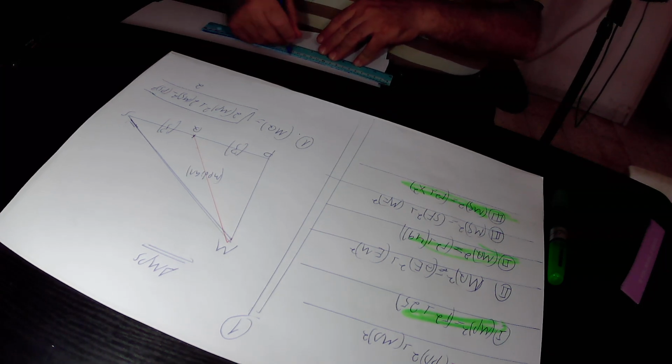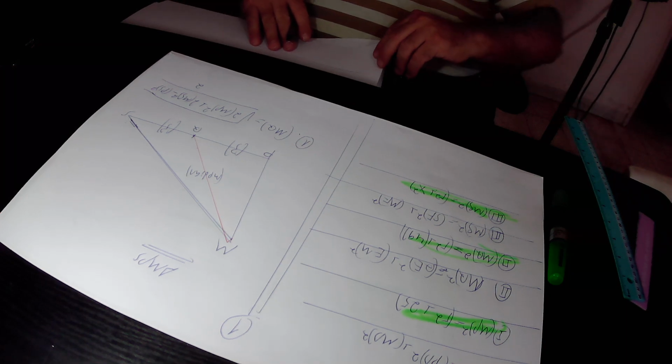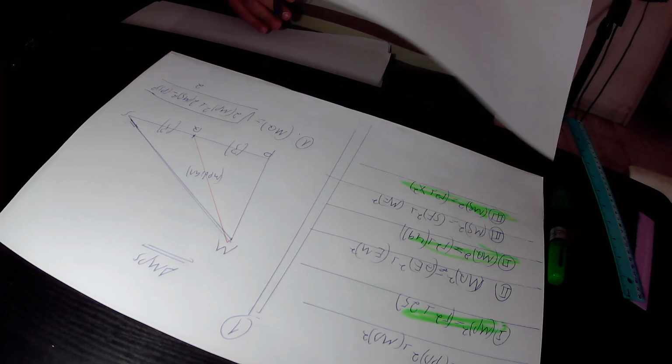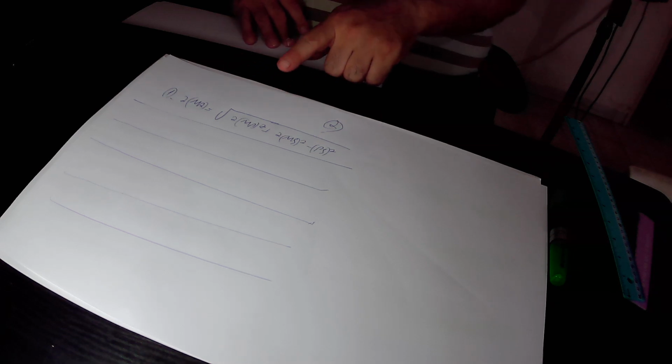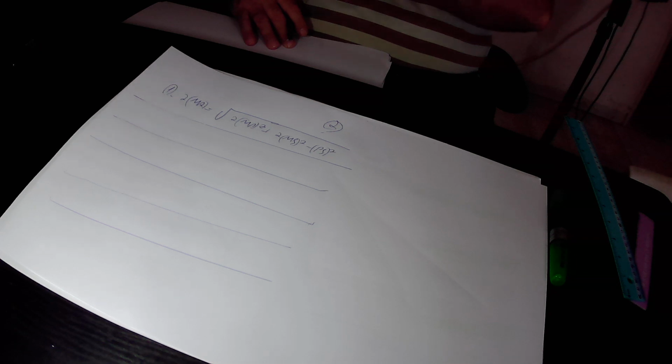So after we multiplied this equation by 2, we found that 2 times MQ equals the square root of 2MP squared plus 2MS squared minus PS squared.